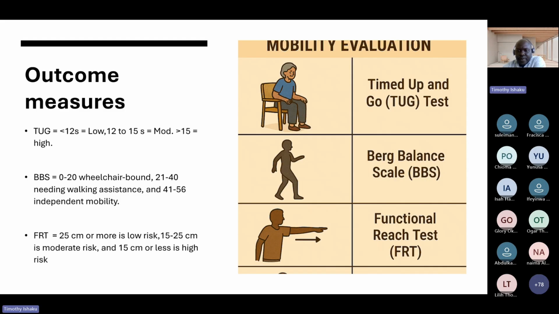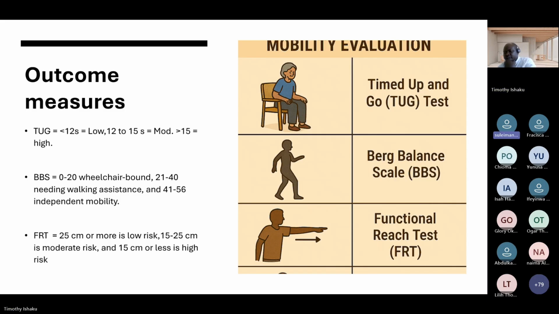Okay, let's explore that a bit. The person put 0 to 4, total of 56. Yeah, carry on, Suleiman. The scoring is each of the 14 items is scored from 0 to 4. 0 means unable to perform the task. 1 to 3 means performs the task with either assistance or modification.